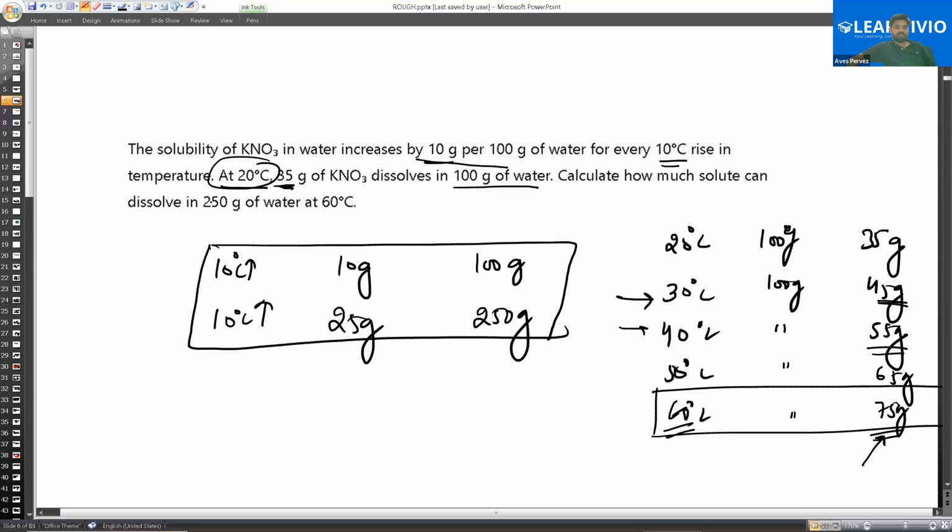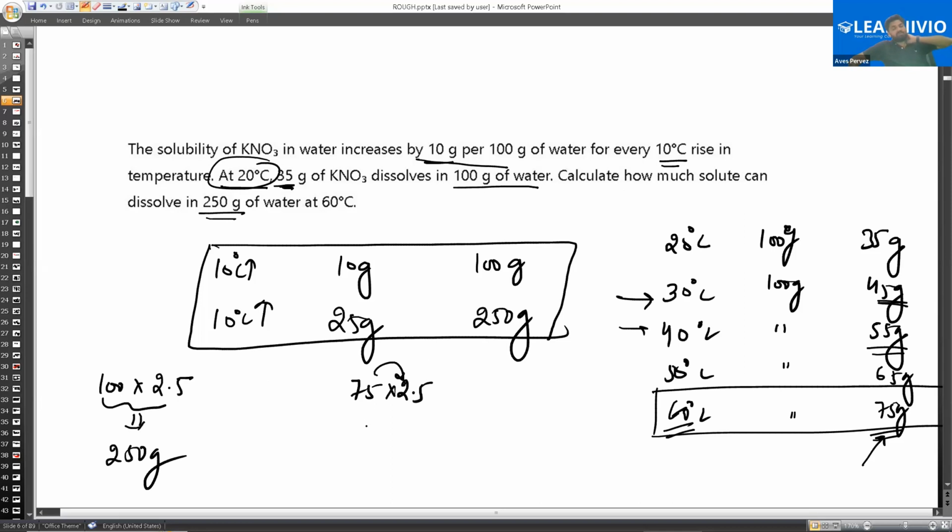But the question is asking how much if you have 250. In 100 gram, you can add 75. So in 200 gram, you can add 150 grams, double of this. If you multiply 100 by 2.5, you get 250 grams, so you have to multiply this 75 also by 2.5. How much will you get?